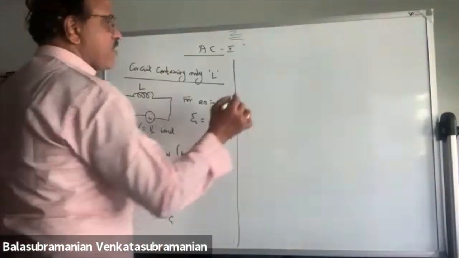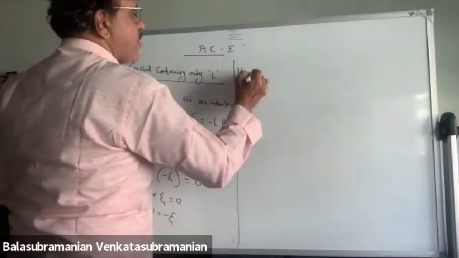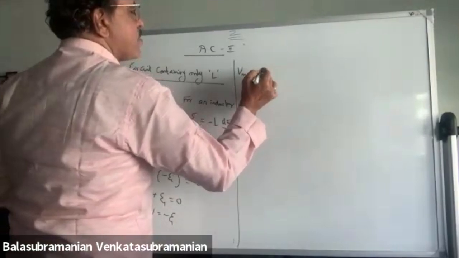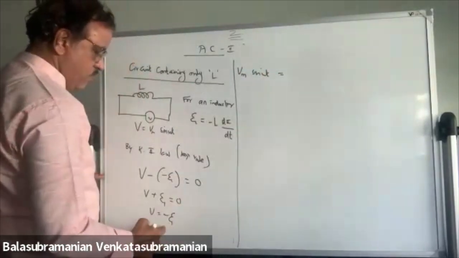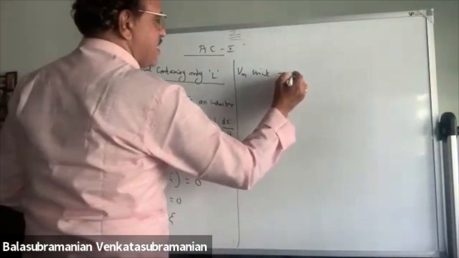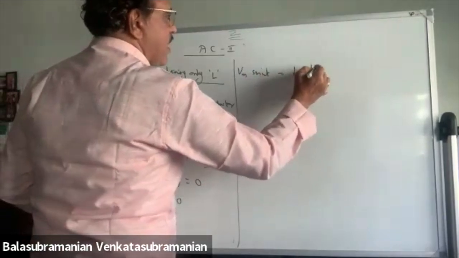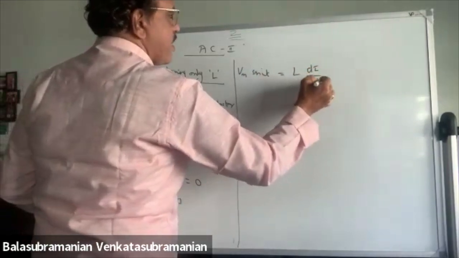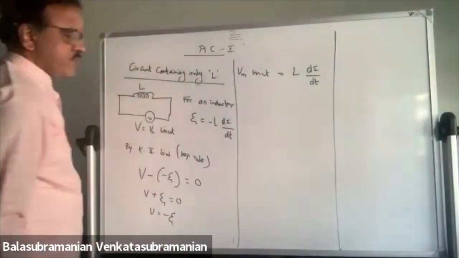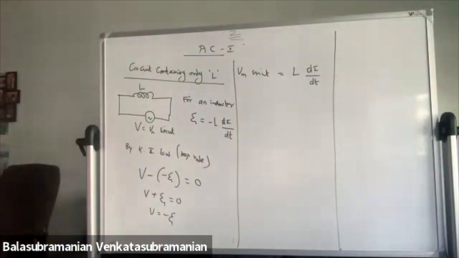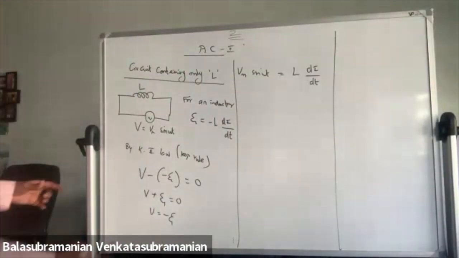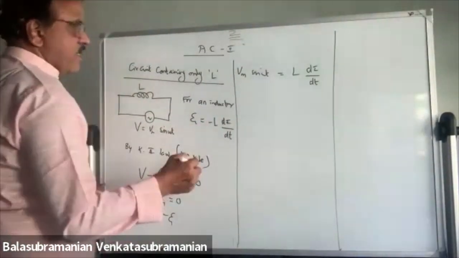What is V here? V is Vm sin omega t, equal to minus of minus, so that will become L into di by dt. Already this minus sign we have included here.